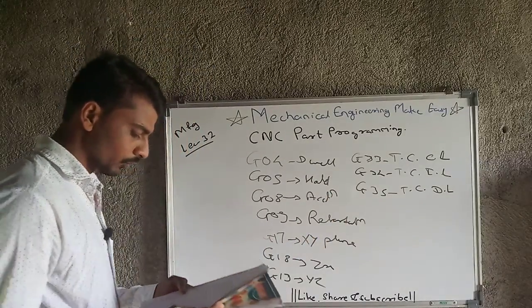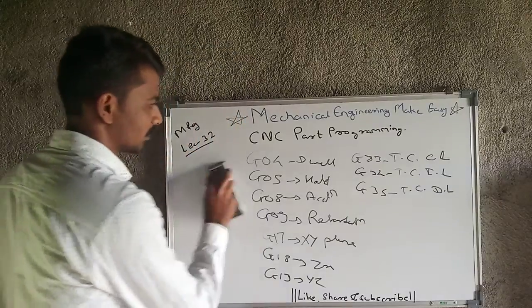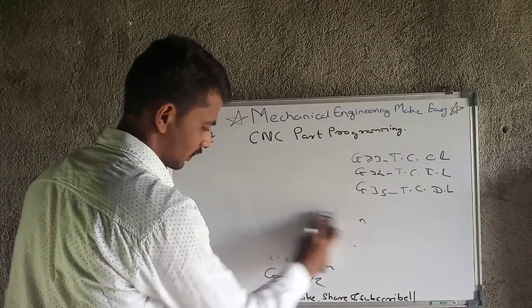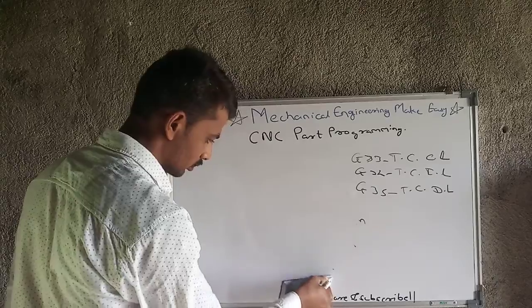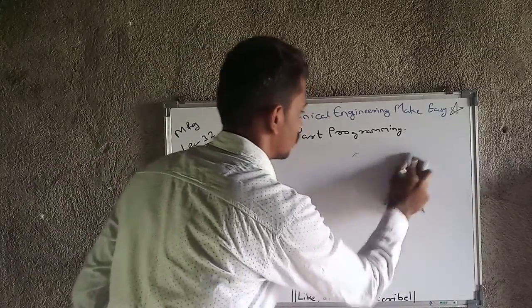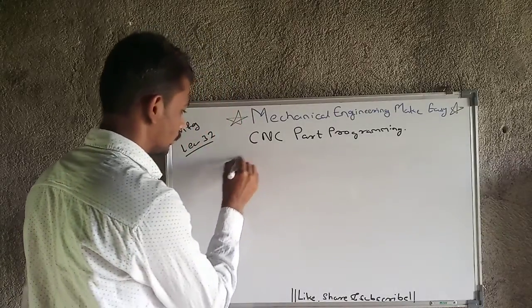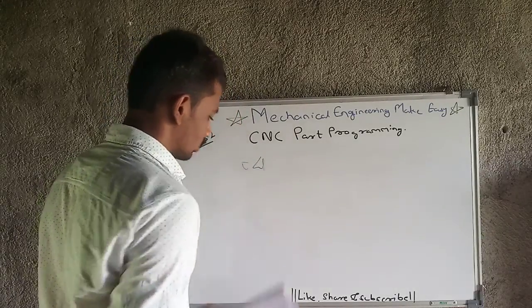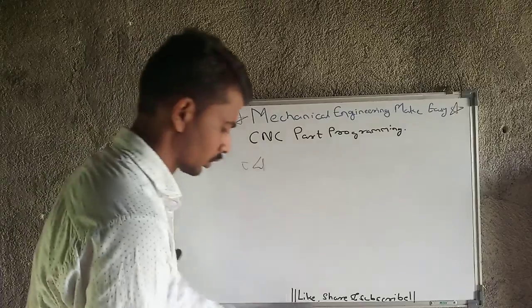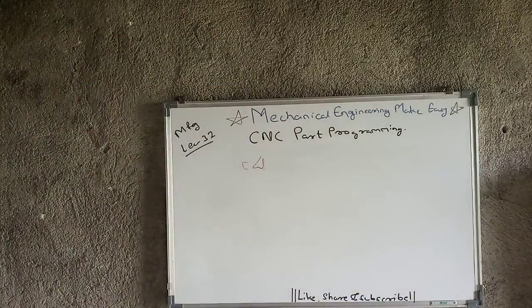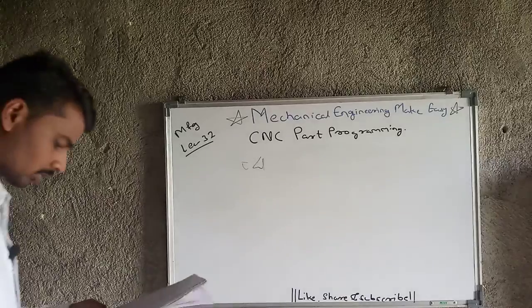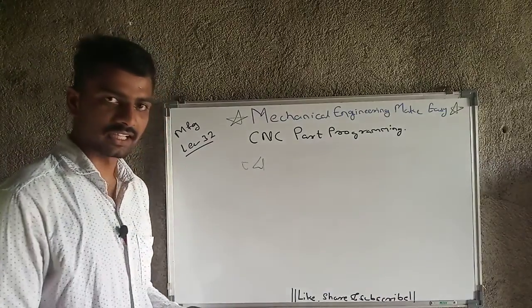Then we will move towards the next, that is G41 and so on. We use G41 for tool radius compensation left.